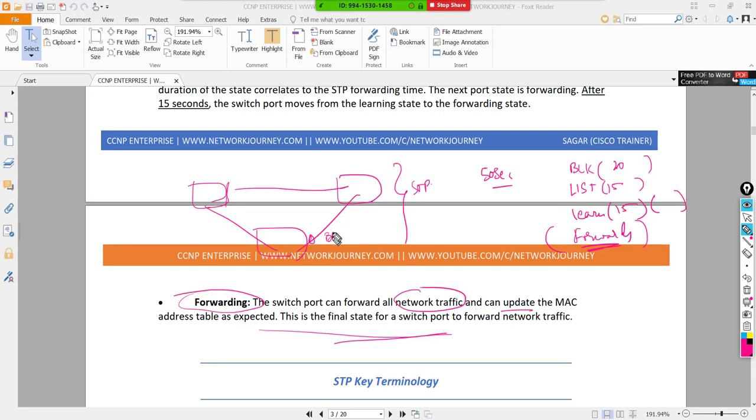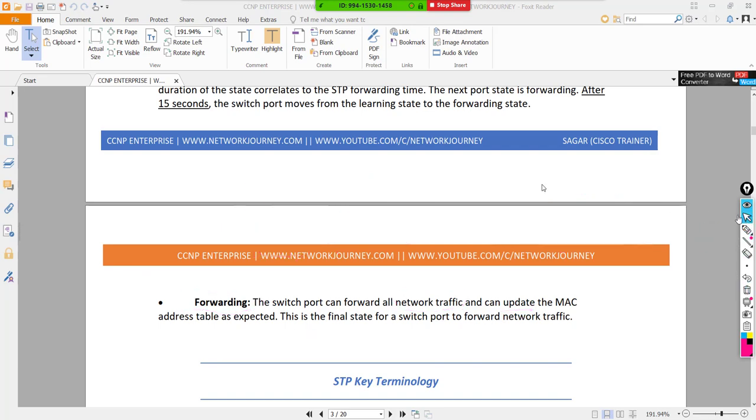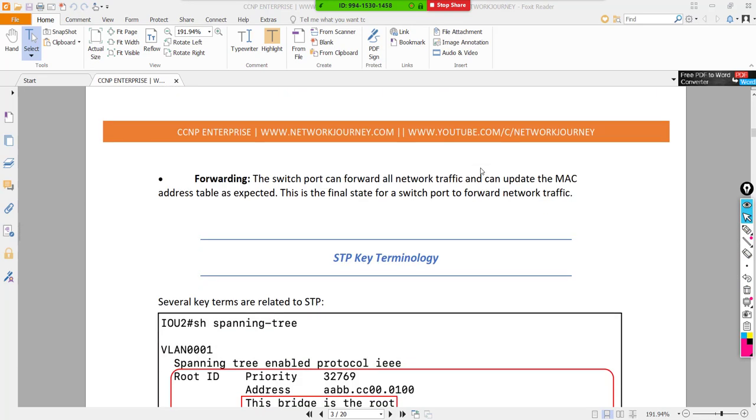So from this switch's point of view, after 50 seconds, this switch will know that this port is decided to be forwarding, but this one is decided to be blocking. So it took 50 seconds for a switch to go through all the states and to decide which will be forwarding and which will be blocking. So that was with regard to the states of STP.